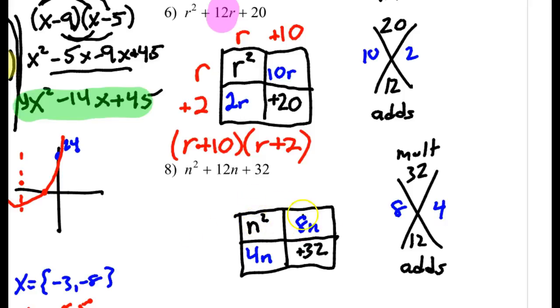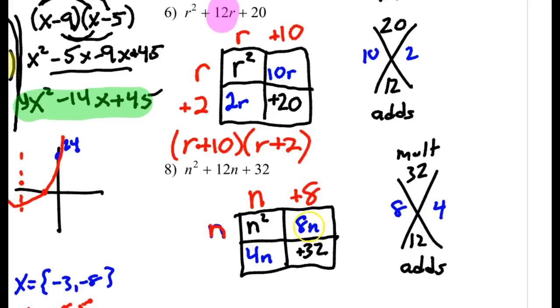So what do n squared and 8n have in common? They both have an n. Right? What do n squared and 4n have in common? N. And no surprise, n times n equals n squared. So you always have a check built into this. N times what is 8n? 8. Yeah.